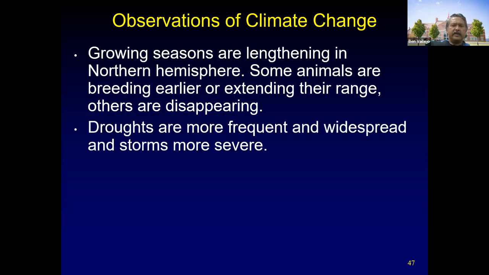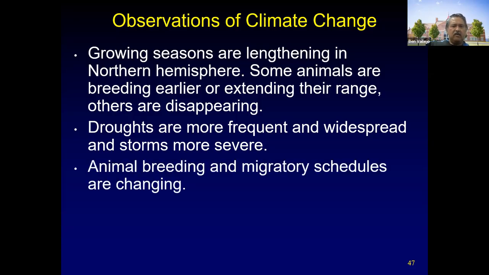Droughts are more frequent and widespread. Storms are more severe. I don't have to tell you Louisiana people about storms recently. Drought, if you're in my California class, third year, the California drought. Here in Southern California, we just changed from you can water your grass 2 days a week to just 1 day a week.